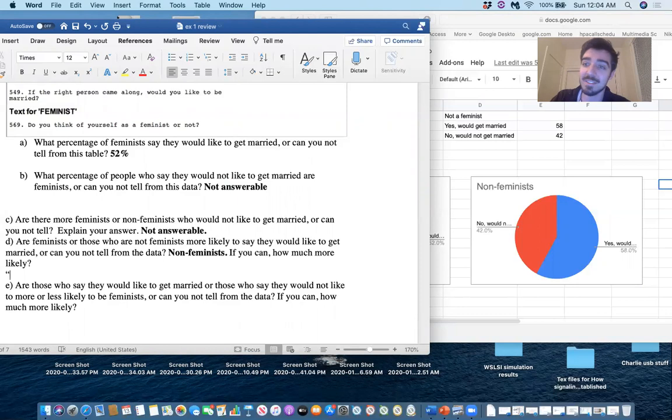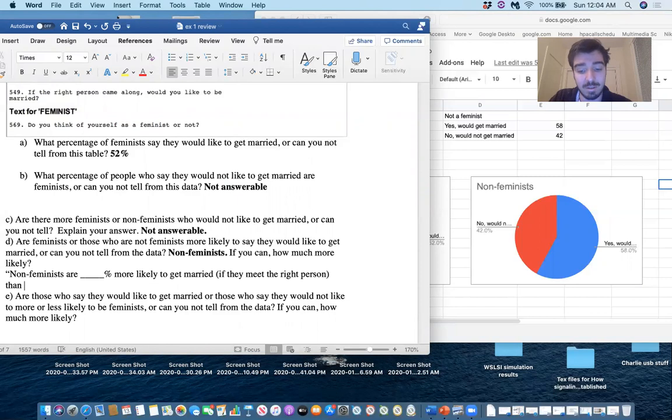We want to say a sentence something like: non-feminists are blank percent more likely to get married if they meet the right person than feminists are, right? We need to fill in the blank here.